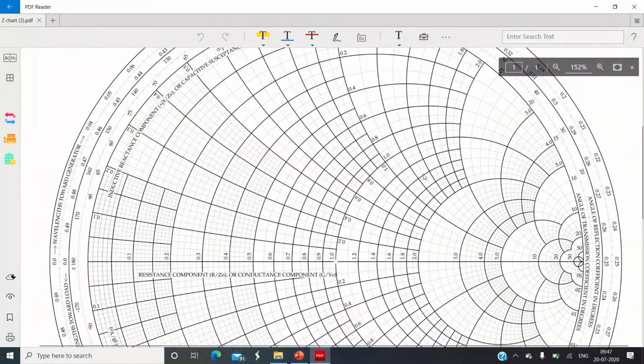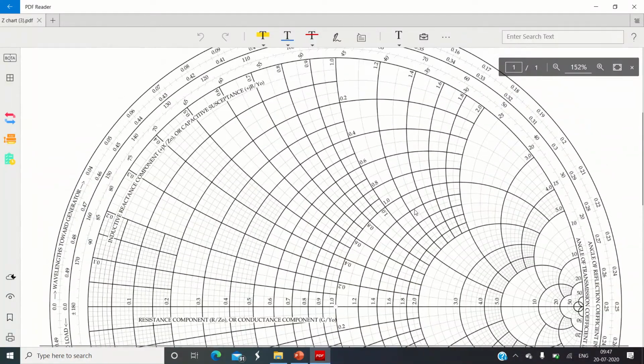I hope you are there with your own Smith chart, so follow the steps I am doing and solve along with me. This is the resistance circle of 1, and we need to find the intersection with the reactance curve of 1.4. If you follow the cursor movement, you will find the 1.4 curve over here.